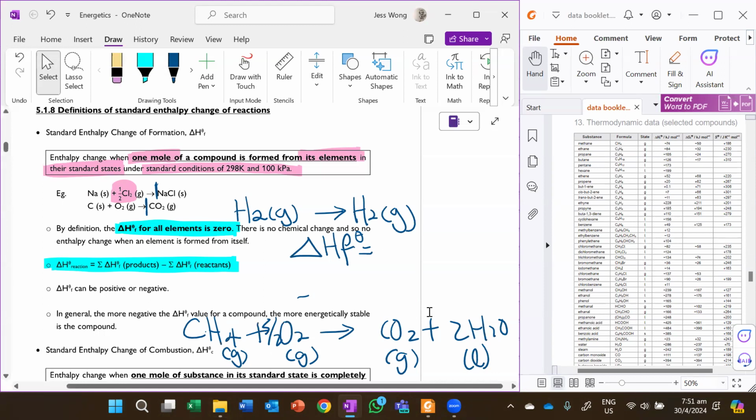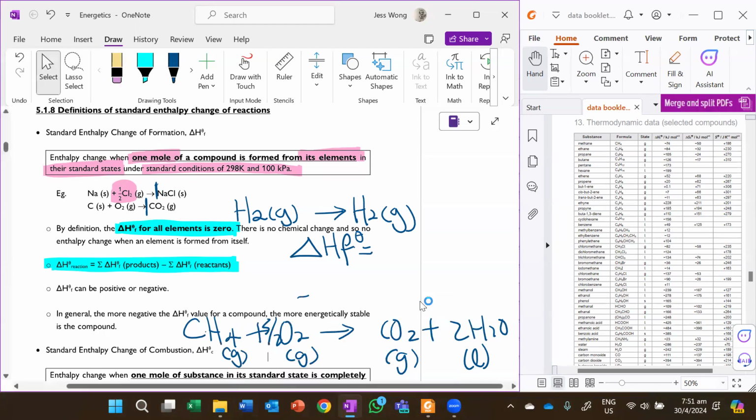And I will find the enthalpy change of formation of CO2 and water times 2, minus the enthalpy of formation of CH4 plus oxygen. But because oxygen is an element, the delta H formation is 0. So you can put in 0 if you want, but if not, you can just leave it out.